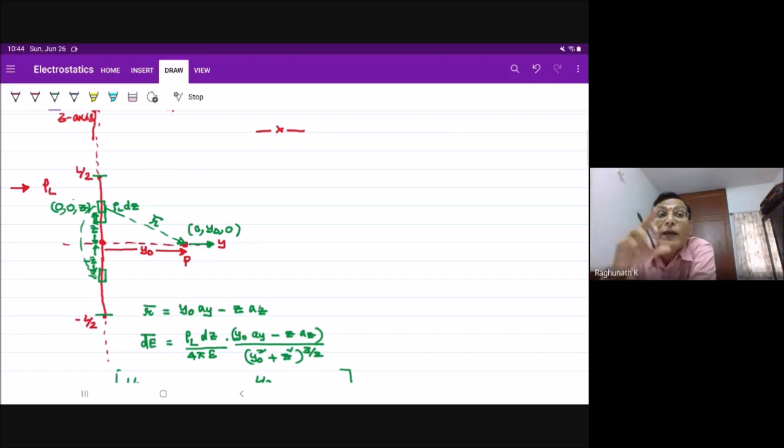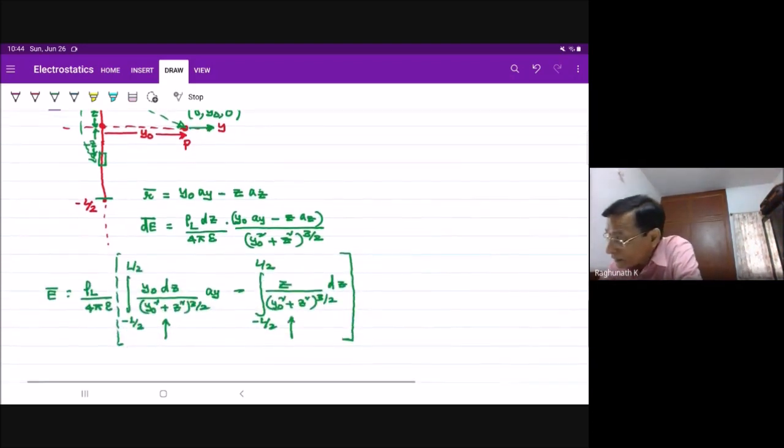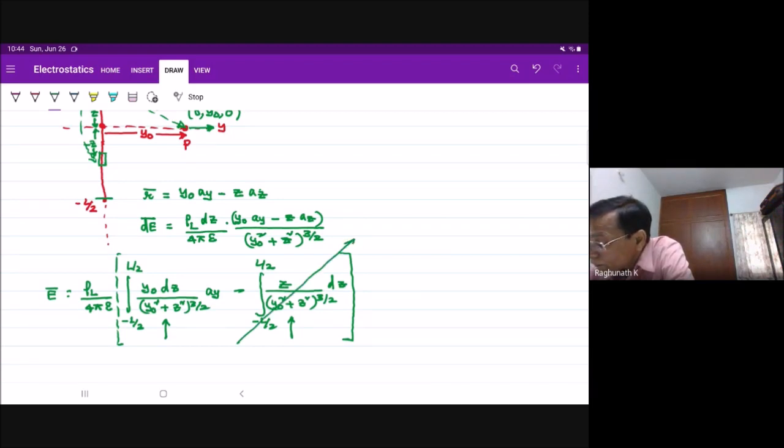Because of the symmetry of the distribution of the charge along the z-axis with respect to the foot of the perpendicular dropped from the point of interest onto the z-axis, this integral is 0. For sure, because it is z by (y naught squared plus z squared) over symmetrical limits, it is 0.